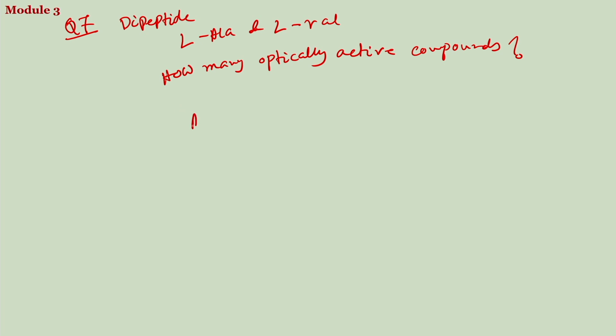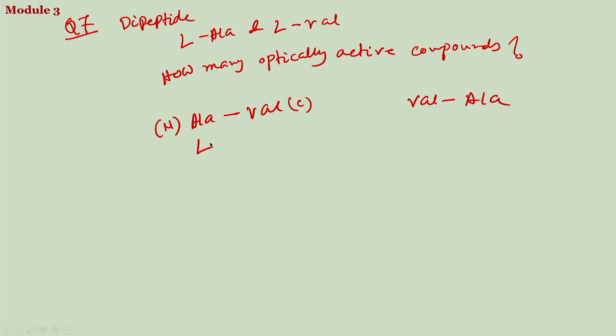So, a very simple answer. Here you have only one stereoisomer of alanine and only one stereoisomer of valine. So, your dipeptide can be N alanine with C valine, or you can simply write alanine valine, and in the other case you can write valine alanine.